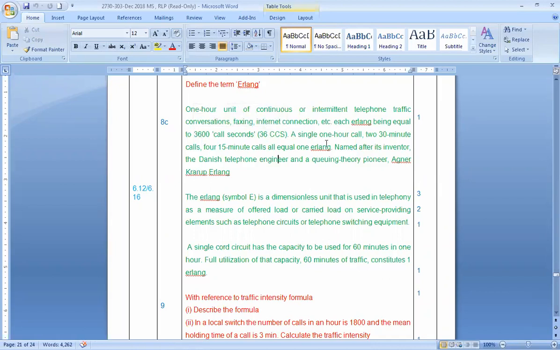It can be a single one-hour call, a 30-minute call, or a 15-minute call. How do we get 3600? It is 60 into 60: 60 minutes and 60 seconds in a minute.